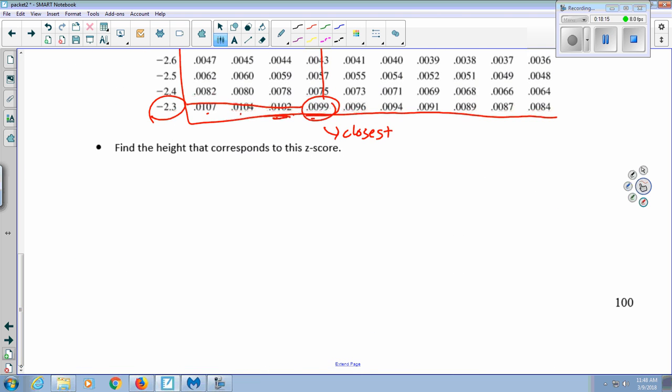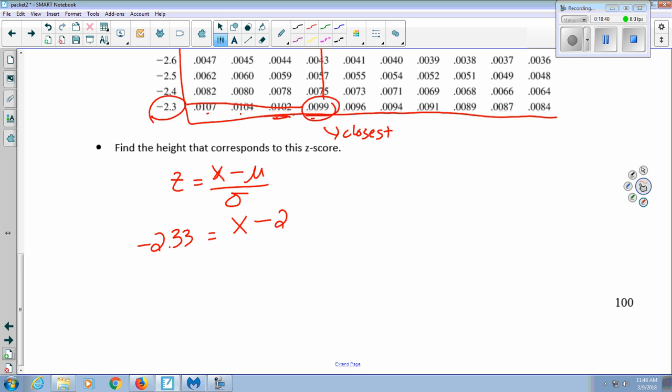So we're kind of working backwards through the problem. We have one more step. We still want to find the height. So we know that z is equal to our observed height minus our mean, over our standard deviation. We know that the z we were interested in is negative 2.33. Our observed height, that's what we're still looking for.